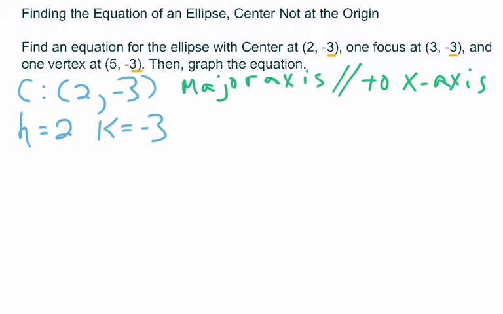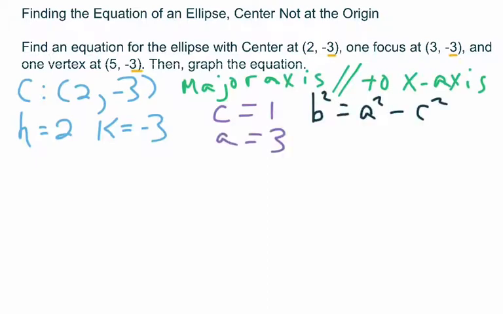The distance from the center (2, -3) to a focus (3, -3) is 1 unit, or c equals 1. The distance from the center (2, -3) to a vertex (5, -3) is a equals 3.